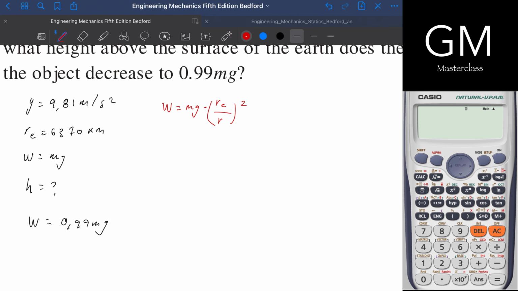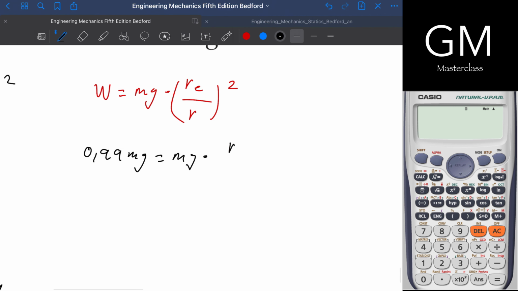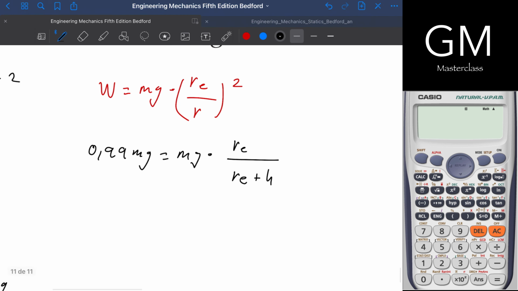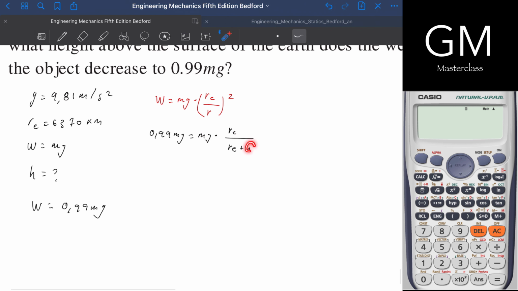In this case, this weight is equal to 0.99 mg, as we can notice here. This is equal to mg multiplied by R_e divided by R_e plus h, where h is the value they are asking for, the distance between the surface and the object.